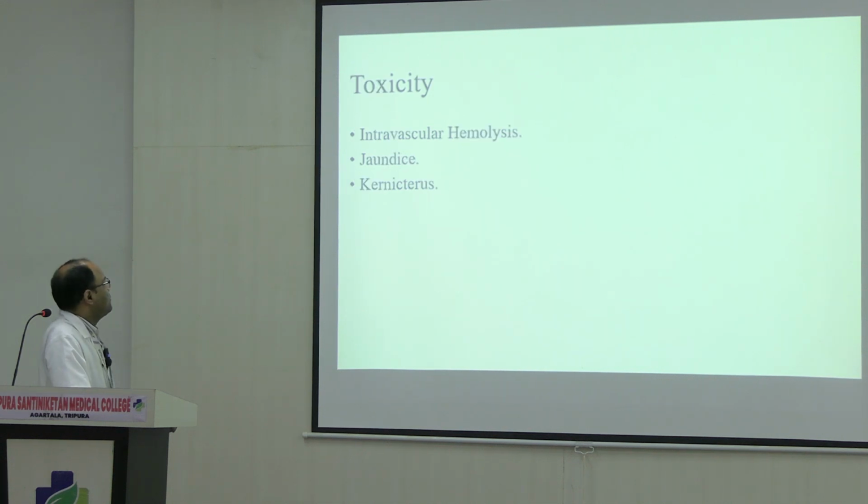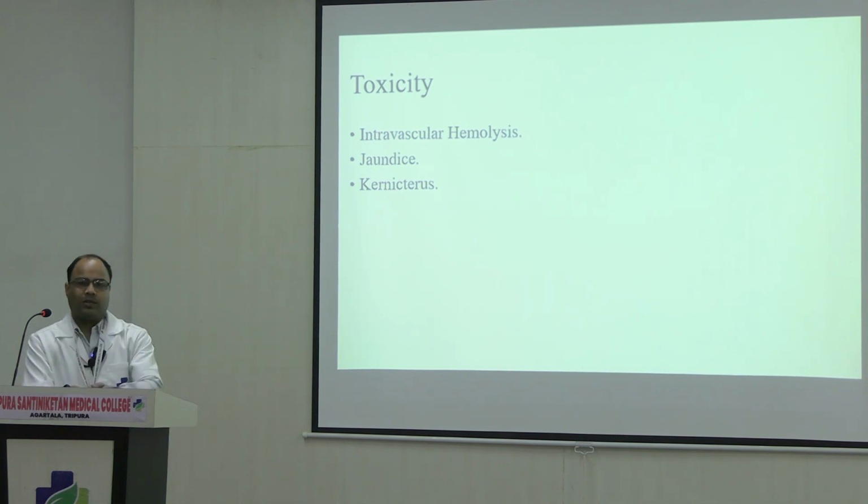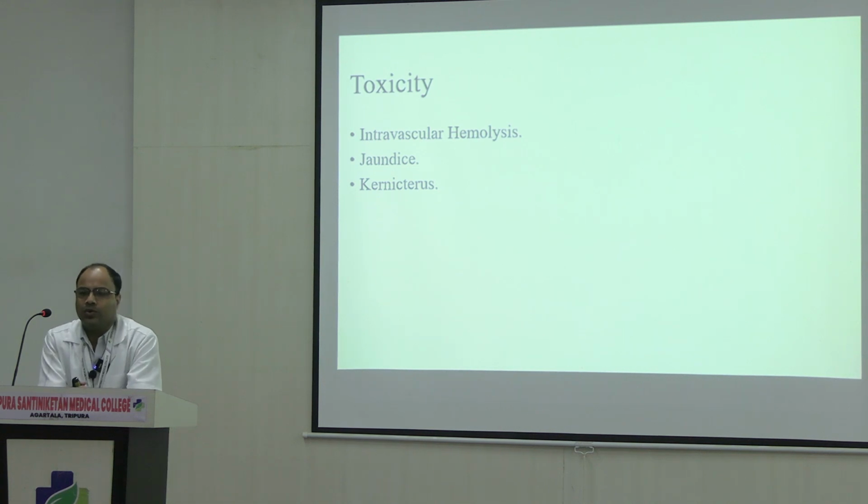Next is toxicity. Toxicity is intravascular hemolysis and jaundice. What kind of jaundice can you expect? Is it conjugated or unconjugated hyperbilirubinemia? Unconjugated, because of hemolysis.